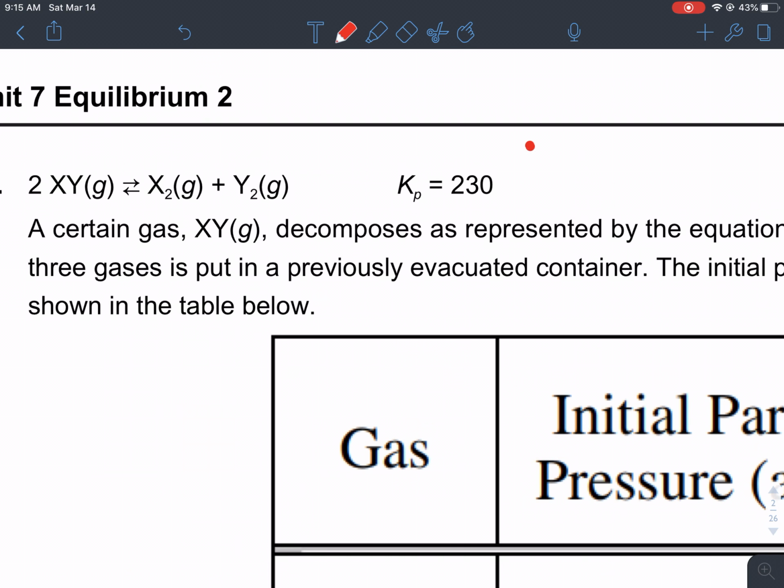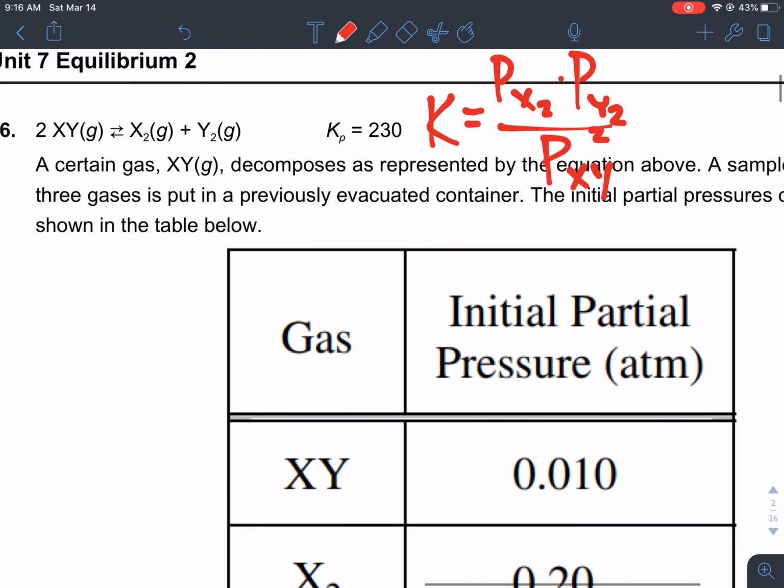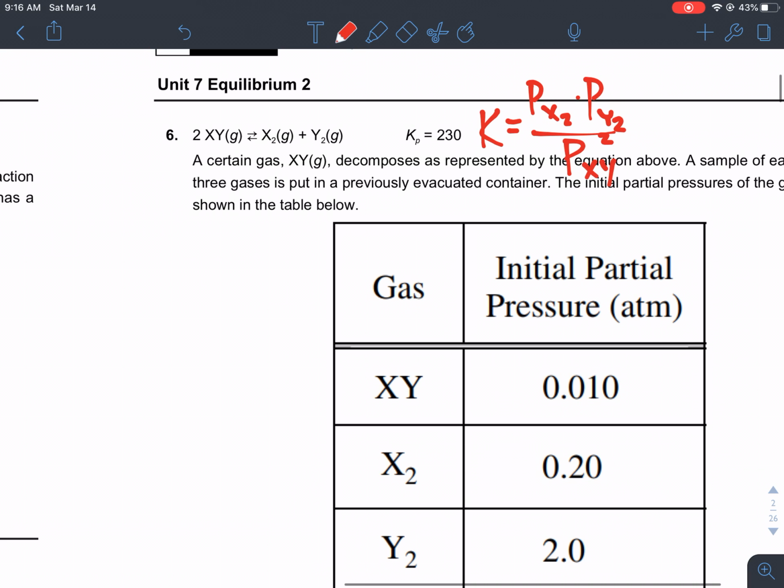So in this case, K is equal to, actually this is Kp, so I should do it the right way, P of X squared times P of Y2, over P of XY, and that is squared. Okay, that's how you do a K here.